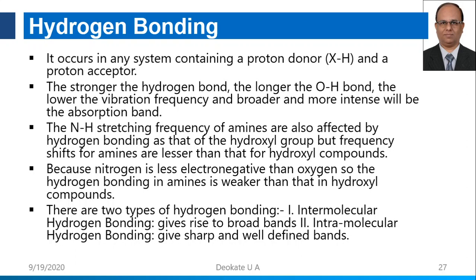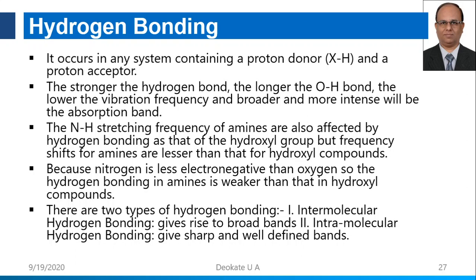Okay, there are two types of hydrogen bonding interactions. One is intermolecular hydrogen bonding, which gives rise to broad bands. So there will be broadening in the bands. The second one is intramolecular, which means within the same molecule, if H and OH groups are present, they may produce a hydrogen bond.